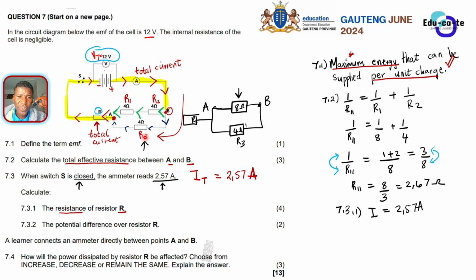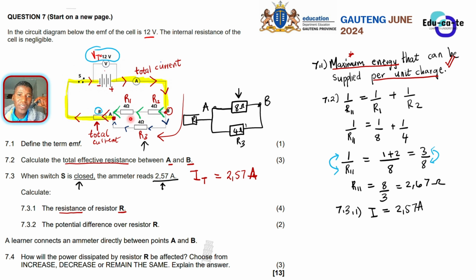And what do we know about this parallel combination? It has a resistance of 2.67 ohms because we have combined it, like combining them to become one resistor. So if we are combining these 4, 4, and 4, this parallel trio, we are getting 2.67 ohms. That's the resistance of the parallel combination, right?